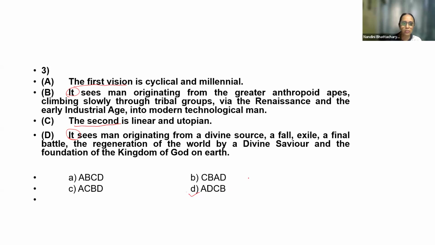Shyam, what's your answer? Ma'am, ADCB. Perfect. A is for the first vision. So what comes after this should be describing the first vision. And then we have the second, which is linear and utopian. What comes after this should be describing the second vision. Yeah. So ADCB is your only answer.